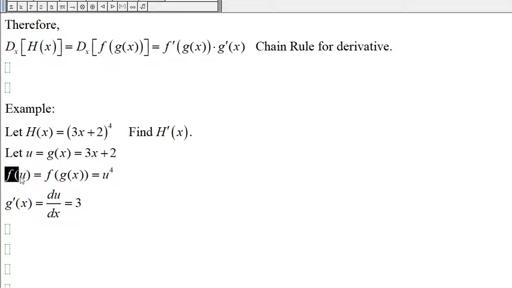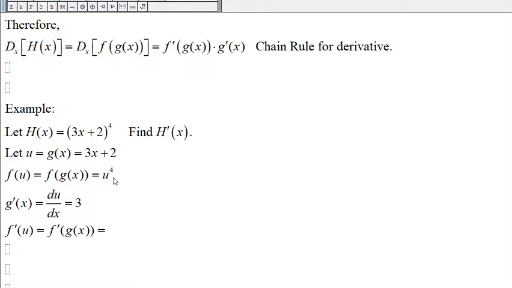Next we want the derivative of f of u, which is u to the 4th.